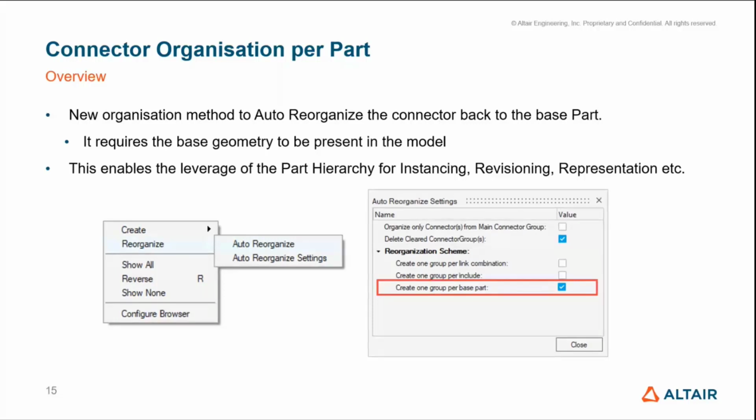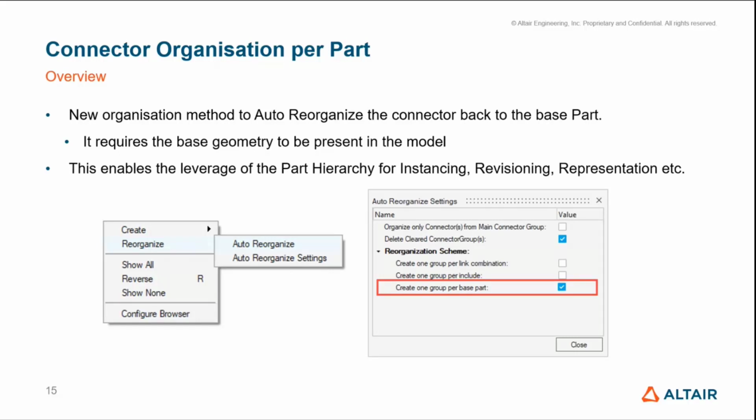What this does require is the geometry that the connector was created from to be present in the model, just so we know what the hierarchy of that geometry is. But what this does is it enables the leverage of the part hierarchy, instancing, revisions, and representation management if you want to make sure that your connectors go back into the right part in the part hierarchy and are organized correctly in the part tree and all of that sort of great stuff.